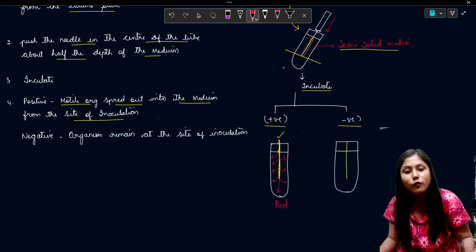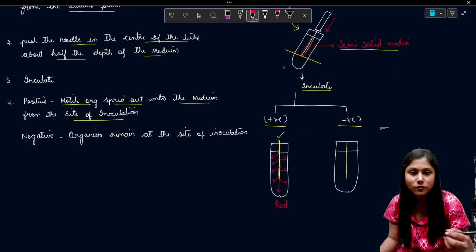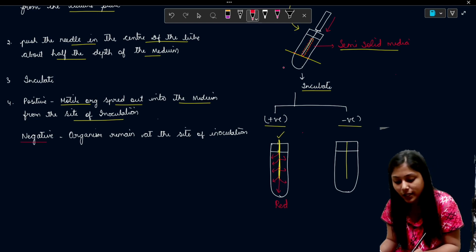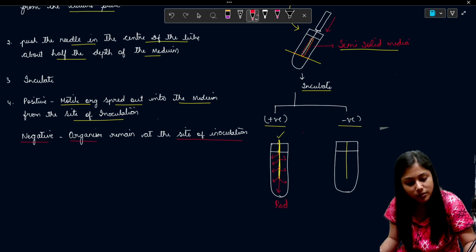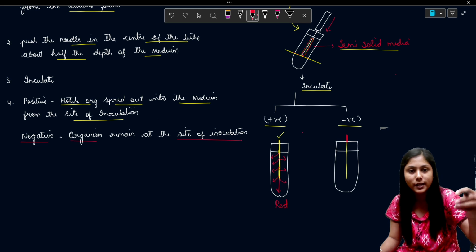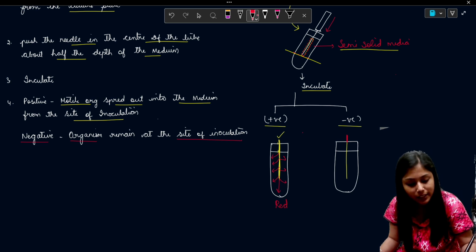Now, what if the bacteria is non-motile? What if the result is negative? In case of a negative result, the organism will remain only at the site of inoculation. If this is the site of inoculation, the place where I incorporated the needle, the bacterial growth would be seen only near that particular area.